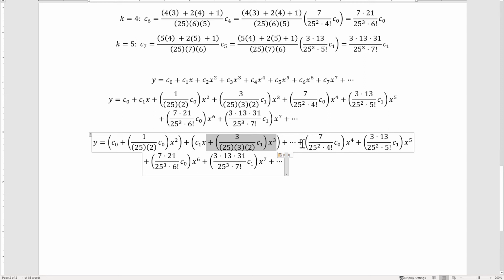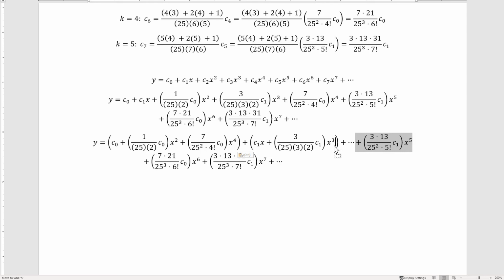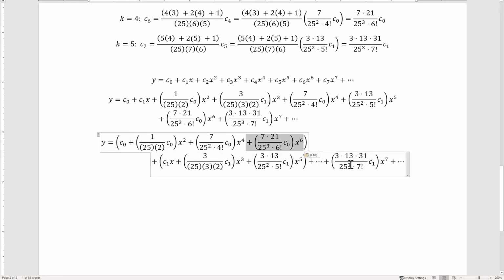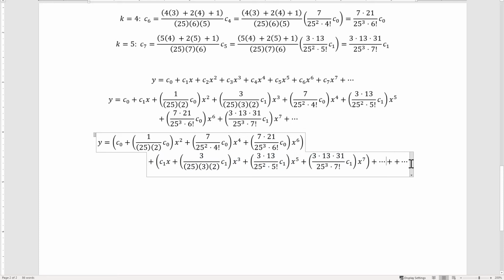Oh, we have C sub 4. That has a C naught. The x to the 4th has a C naught. C sub 5, x to the 5th. C sub 6. And then C sub 7. Let's get that plus sign in there.